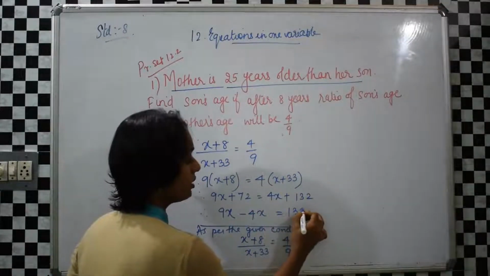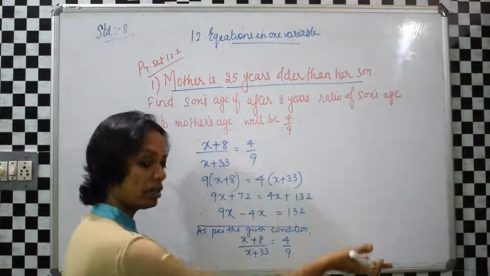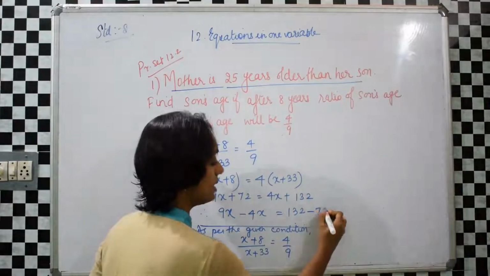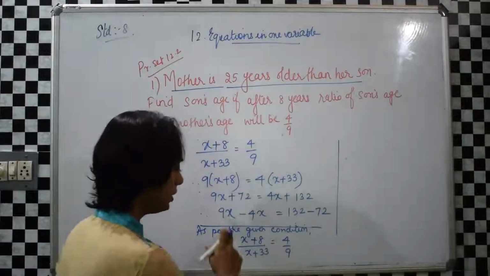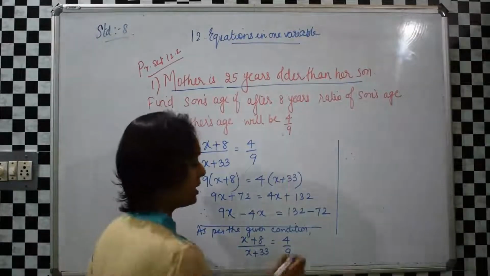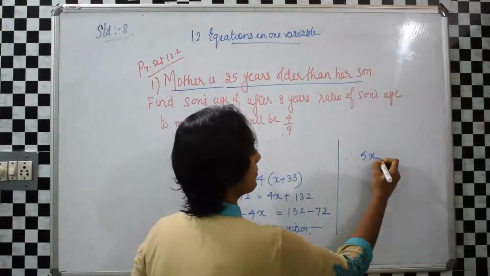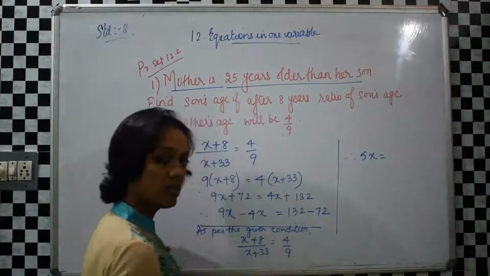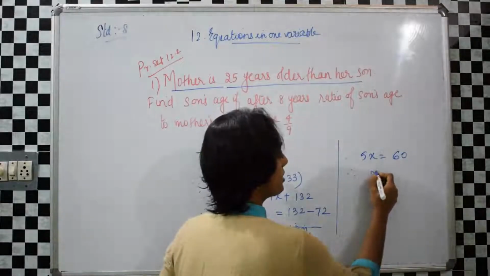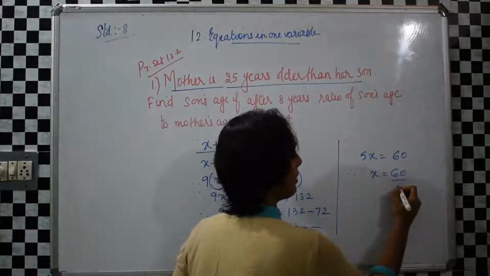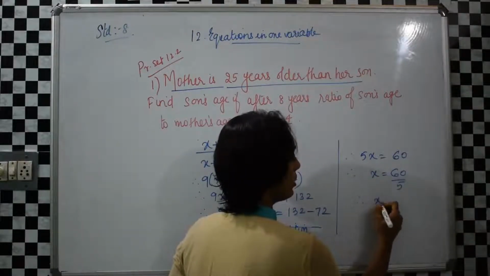I will keep this 132 here itself, I will take this 72 to the other side, it will become minus 72. I will continue the working here. Now 9x minus 4x is 5x and 132 minus 72 is 60. So I will have x is equal to 60 divided by 5. So x is equal to 12.